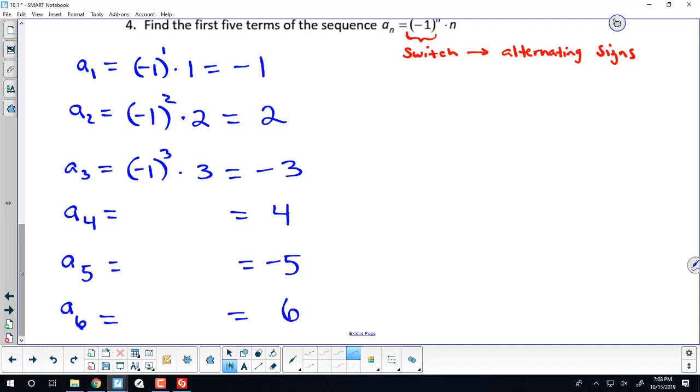So that -1 to a power only contributes to the sign. That would be our sequence.